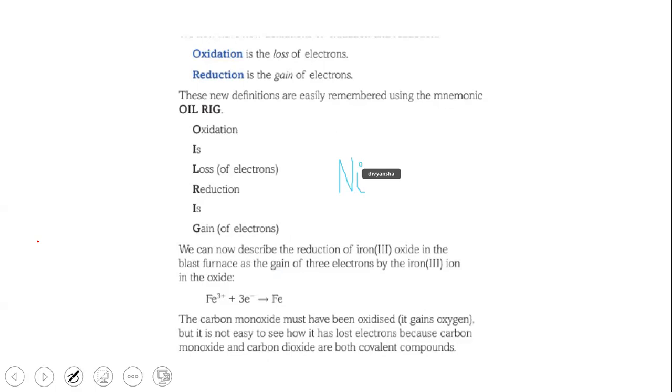Half equations you make exactly the same way as you do in electrolysis.